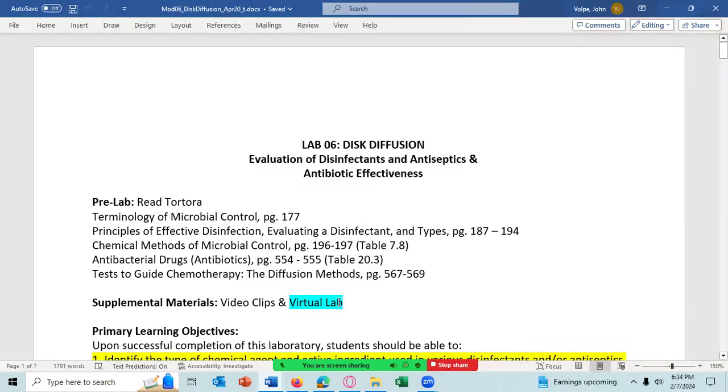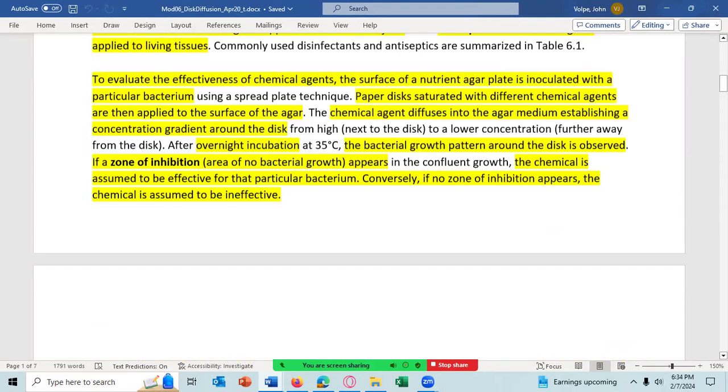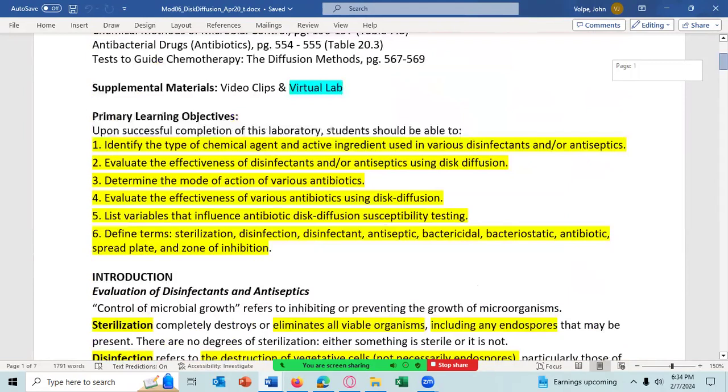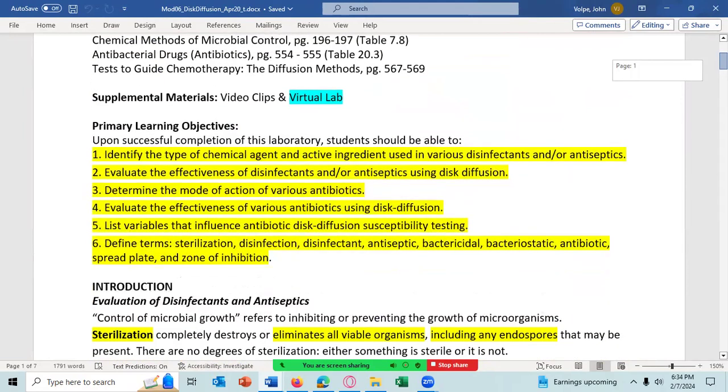As is normal, there is some reading to do before beginning this lab, and the reading comes from your textbook. There are some video clips today, and it looks like there's a virtual lab as well.